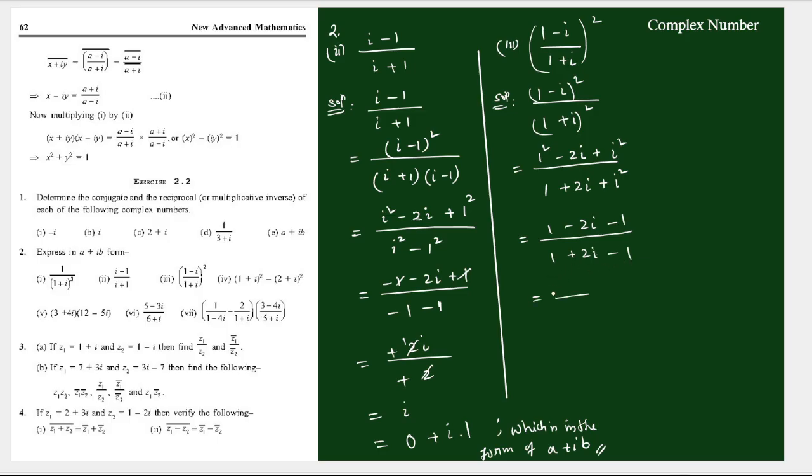And we got how much? Minus 2i. Then below will be plus 2i. 2 cancel, i also cancel.